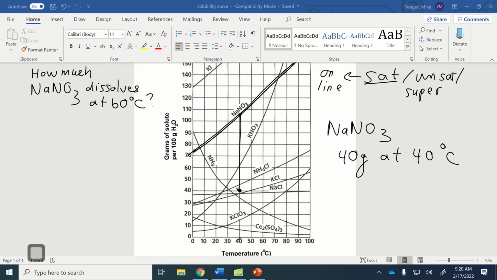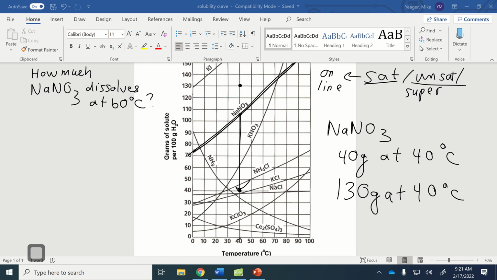But I'm clearly under the line at 40 grams, 40 degrees. What would that be? Well, that's unsaturated, under the line. So unsaturated is going to fall under the line. If I said I had 130 grams somehow dissolved at 40 degrees Celsius of NaNO3, well now I'm all the way up here, and I'm saying this is actually dissolved.